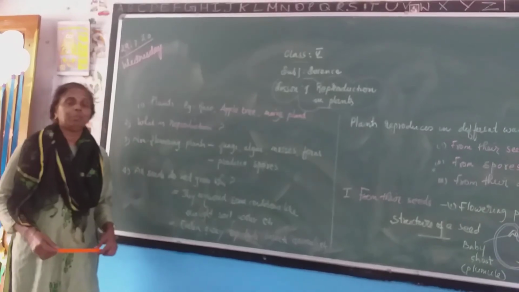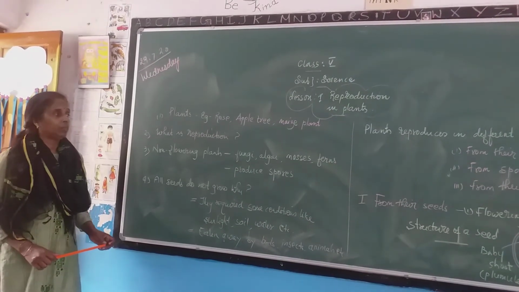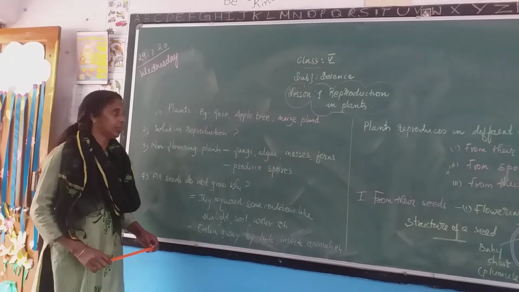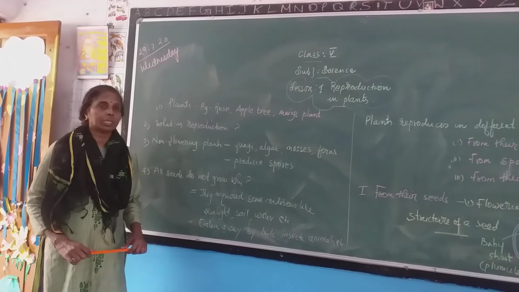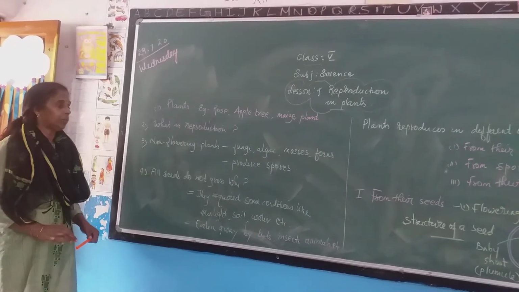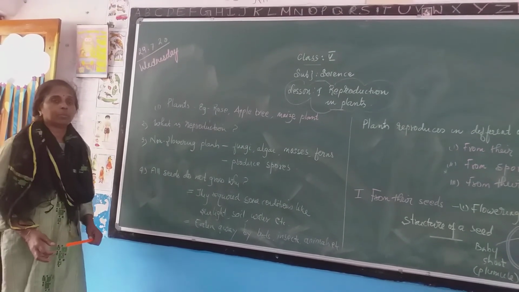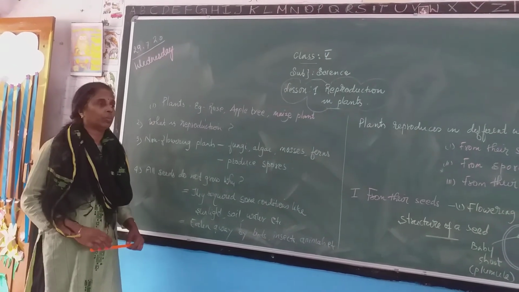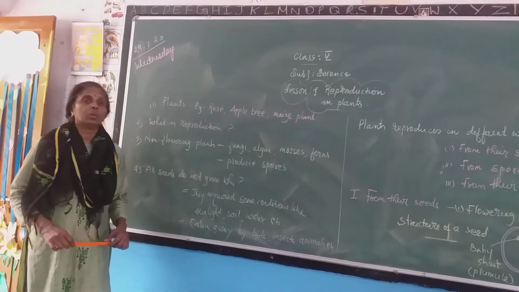Then there might be one doubt: if flowers are not there, how do they reproduce? We learned that a flower is the reproductive part. In case they don't have flowers, those types of plants will reproduce by different methods, by vegetative propagation or by spore formation or fragmentation.